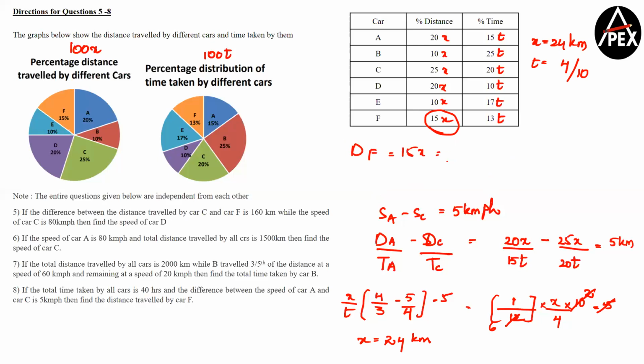So it will be 15 into 24. 15 into 24, it will be 300 plus 60. It will be 360 kilometers. Yes. Clear? Yes.